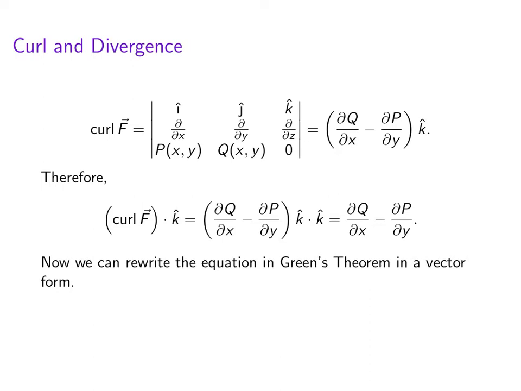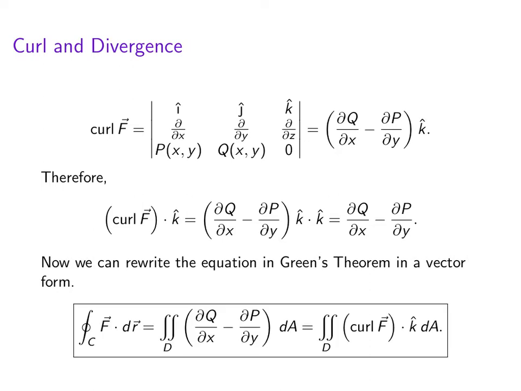So what we're going to do is rewrite the equation in Green's theorem in a vector form. What we get is that the line integral of F along the curve C is equal to the double integral over D of dQ/dx minus dP/dy dA. And so we can rewrite that as the double integral over D of the curl of F dot k.